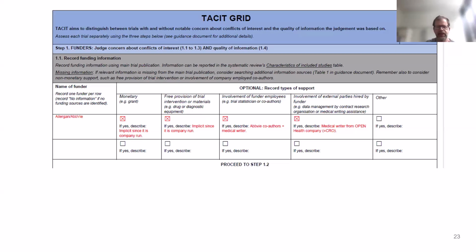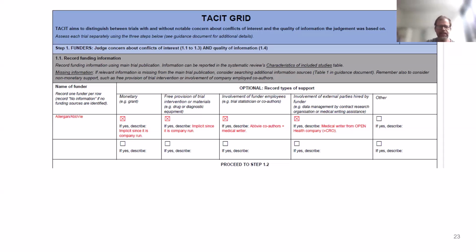Apart from monetary funding to run the trial, it also involved provision of the drug and involvement of co-authors and medical writers hired by the funders from a contract research organization.